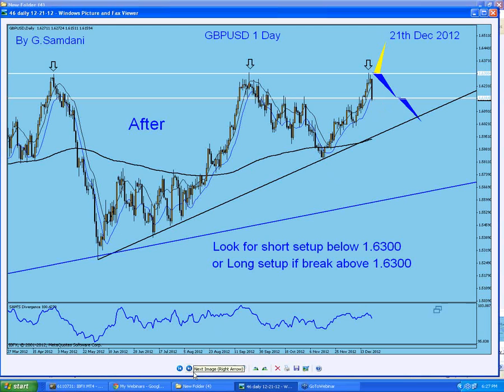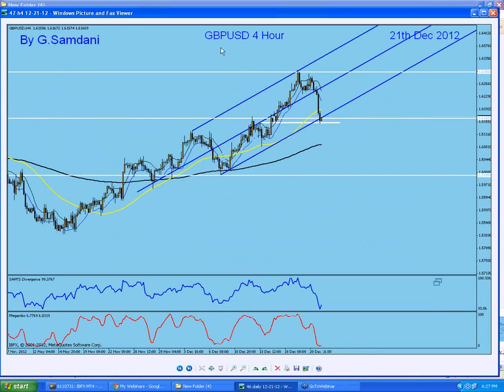Okay, so this is the cable. The next chart is a short version, pound USD. This is a 4-hour chart, and if you notice, we are making a 1, 2, and then this big down move is a third wave, in Elliott wave perspective.